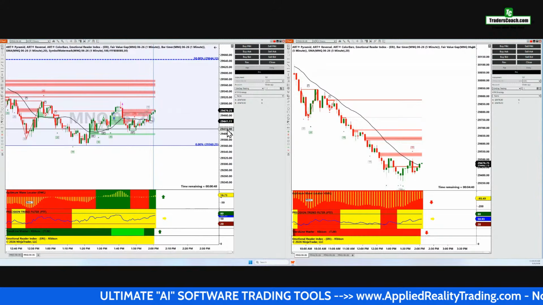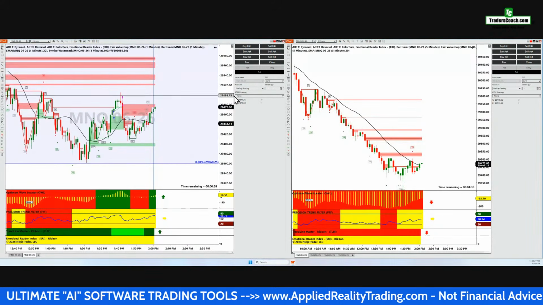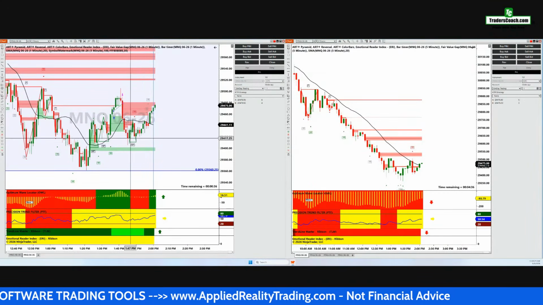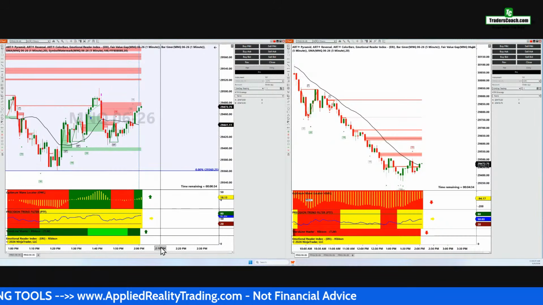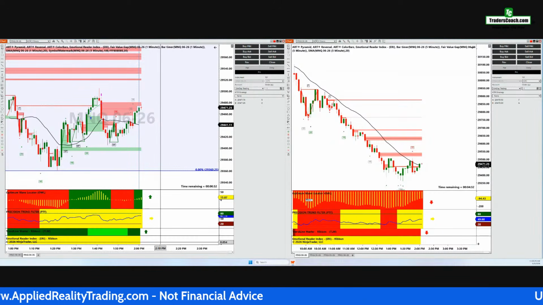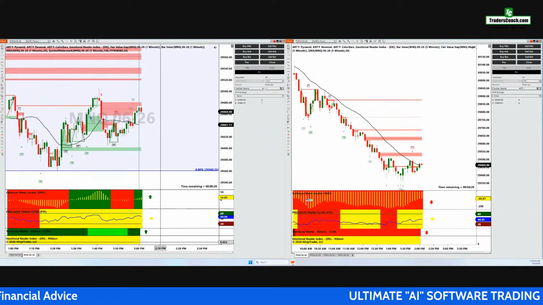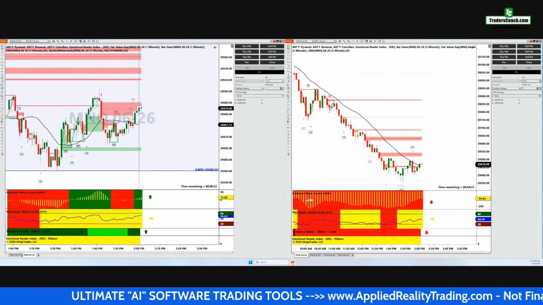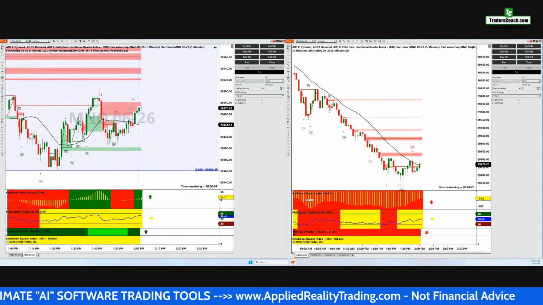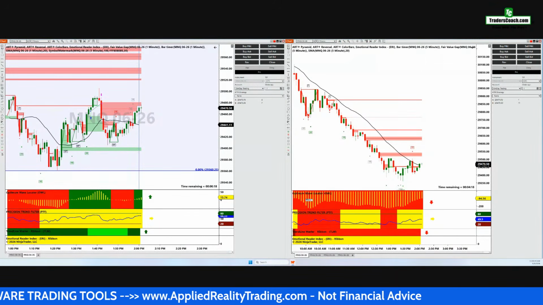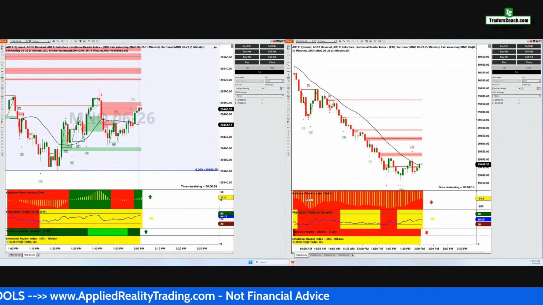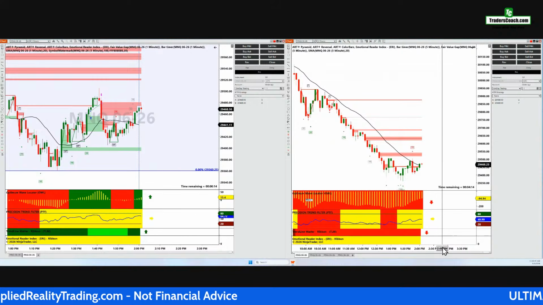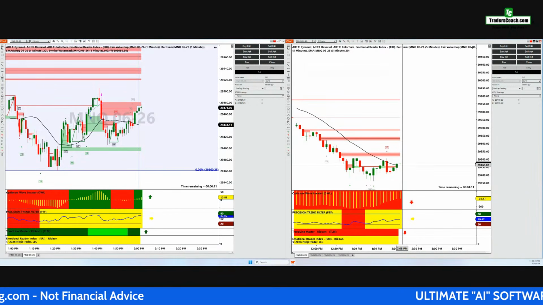Do we have a bullish fair value gap? No. Nothing here. It's a slow grind up. We could be getting one forming on the 5, though, right here.